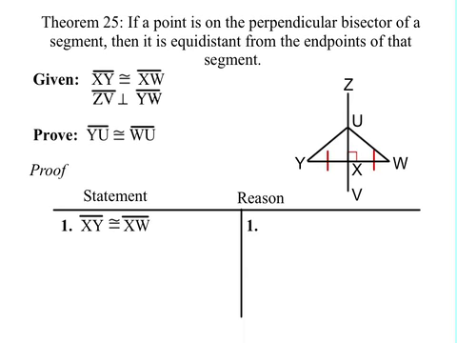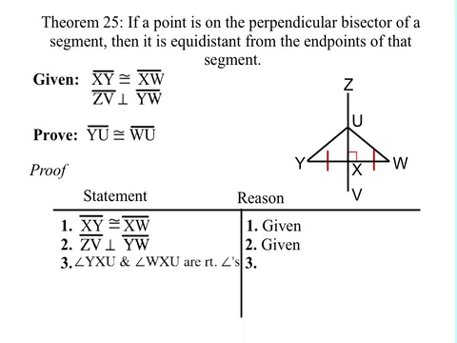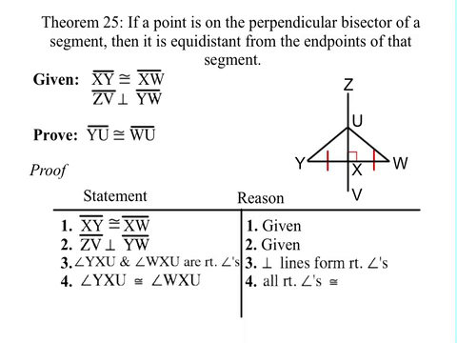And then we start with our statements. We state the first given, and then we state the second given. And we know those two angles are right angles because perpendicular lines form right angles. For reason number 3, you could also write definition of perpendicular lines. Step 4 is we state that those two angles are congruent because all right angles are congruent.